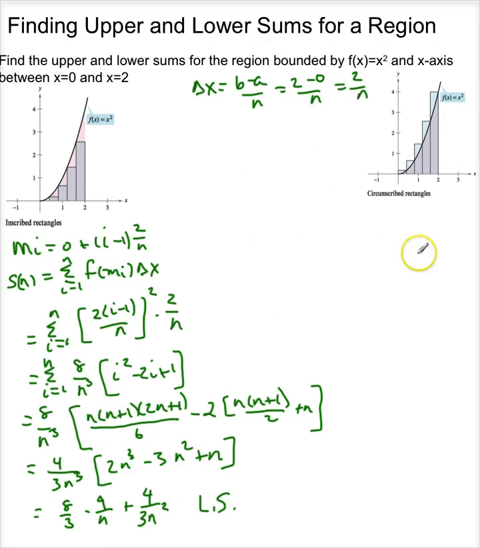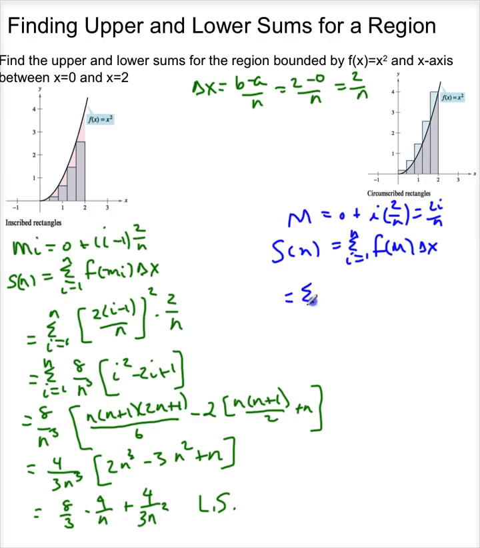Now let's look at the upper sum, and I'm going to look at the circumscribed rectangles. For my circumscribed rectangles, the right endpoint is 0 plus i times 2 over n, or 2i over n. So for my right endpoint, big S of n is the sum as i goes from 1 to n of f evaluated at big M sub i times delta x.